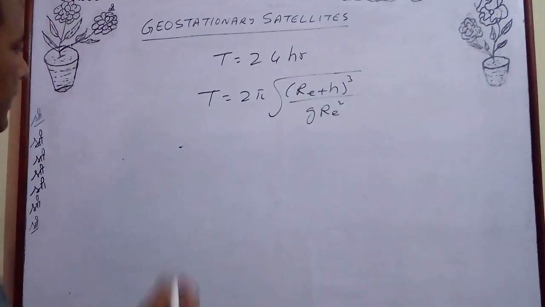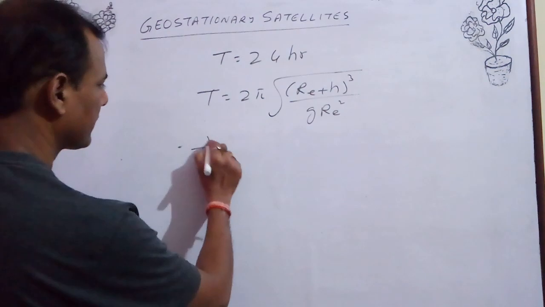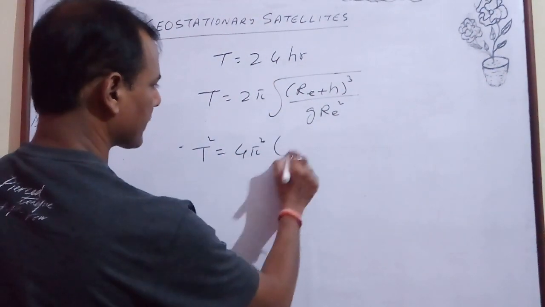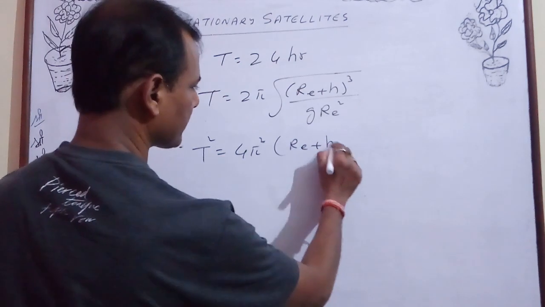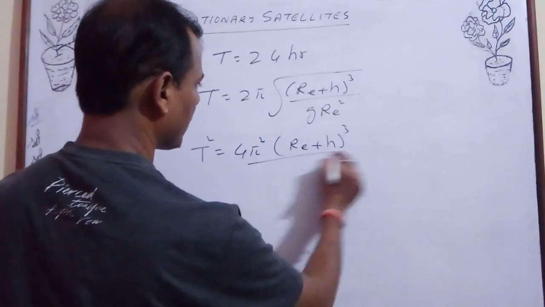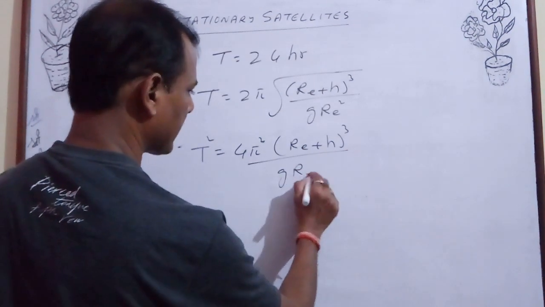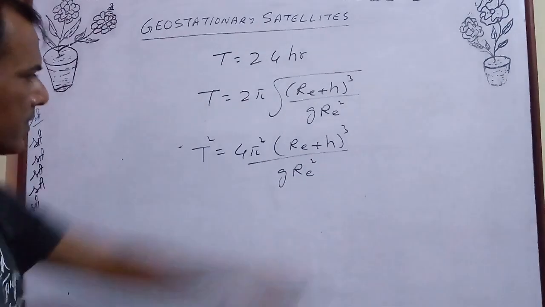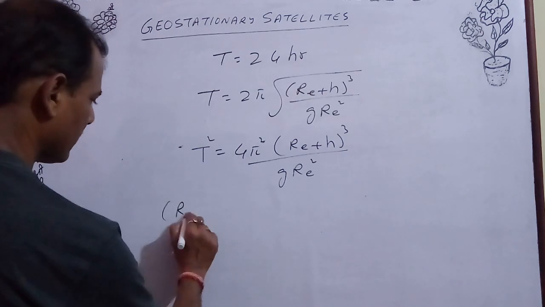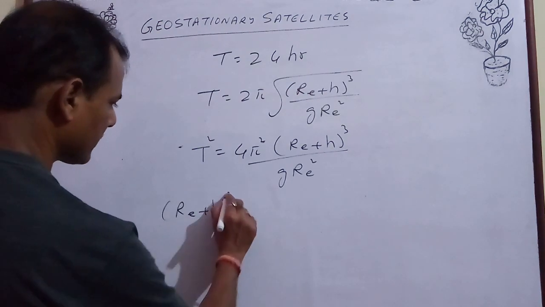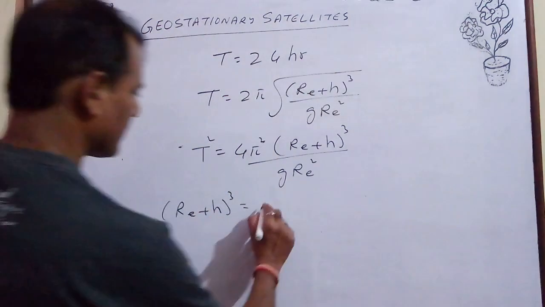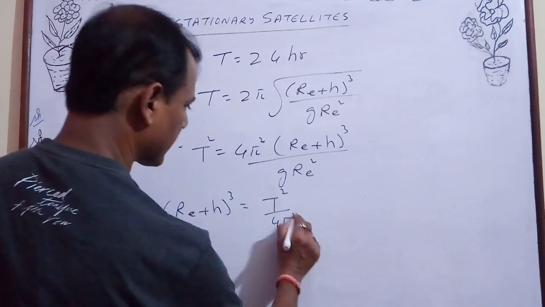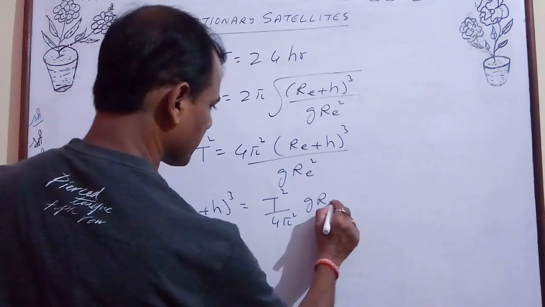Squaring both sides, T square equals 4 pi square (Re plus H) whole cube upon G Re square. We want H. Therefore (Re plus H) whole cube becomes T square upon 4 pi square G Re square.